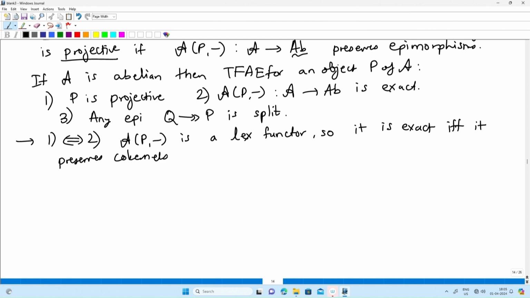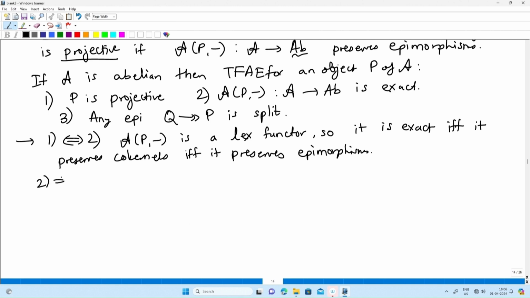And because co-kernels are precisely epimorphisms, thanks to the condition in an abelian category that all epimorphisms are normal, so, if and only if it preserves epimorphisms. Okay, so this is a simple proof, just one line.